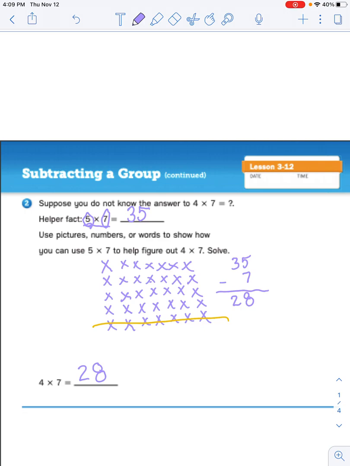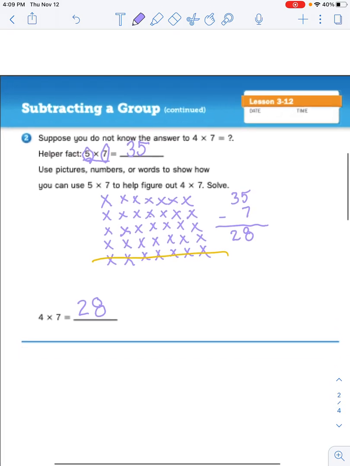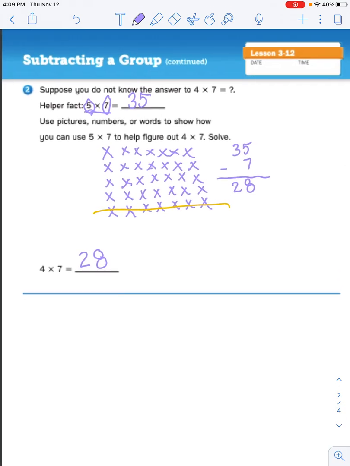I said that I would show you the other way to do it as well. There are more ways than this, but I want to show you how to use just a picture, like with your groups. So I'm still going to represent my 5 times 7 first. I think of it as 5 groups of 7 items.